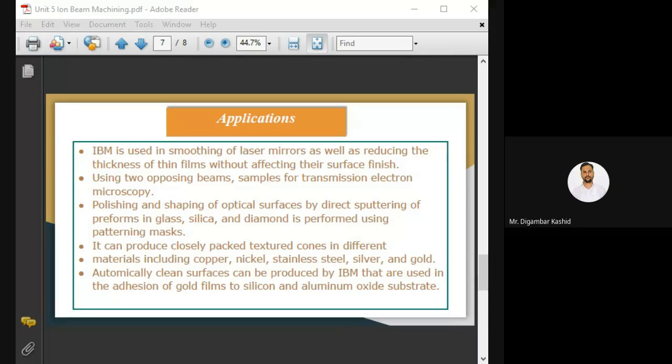As we are taking the ion source from an inert gas, you can call it gas associated focused ion beam also.